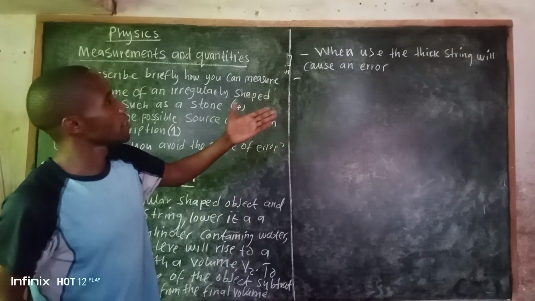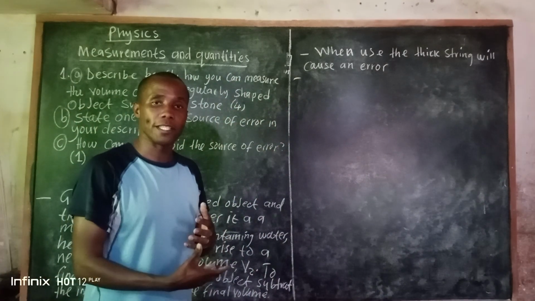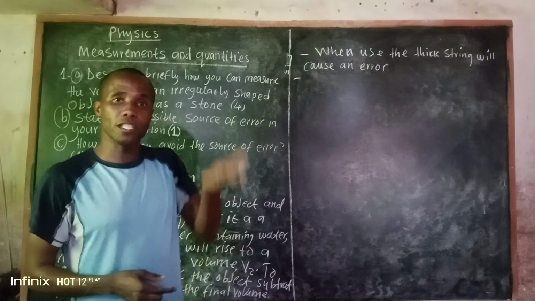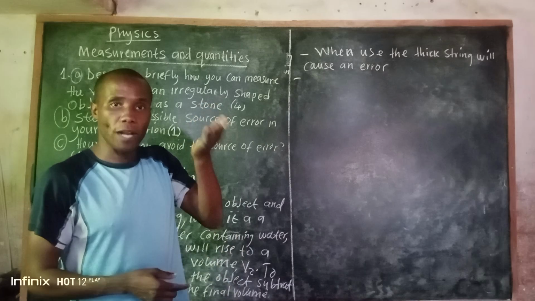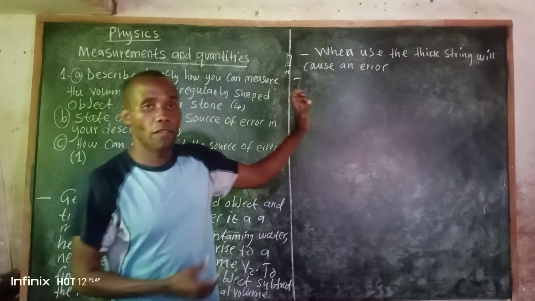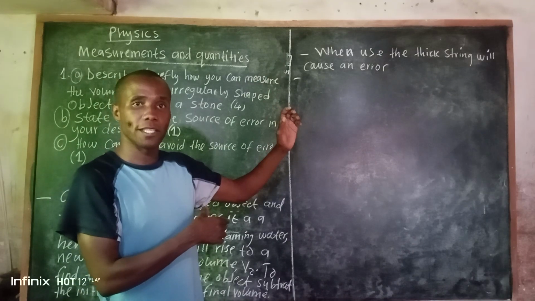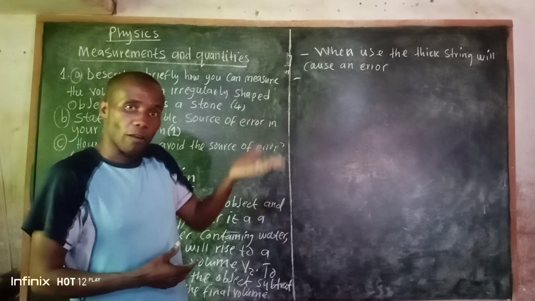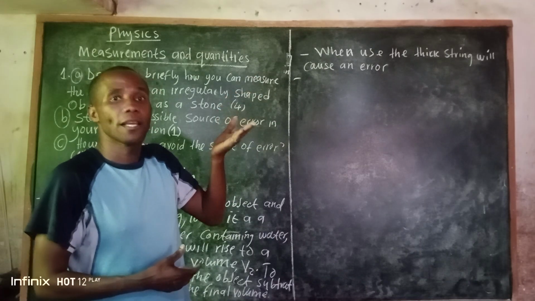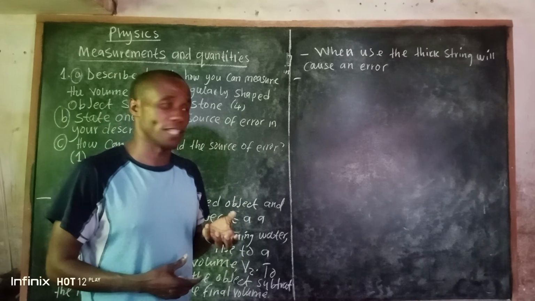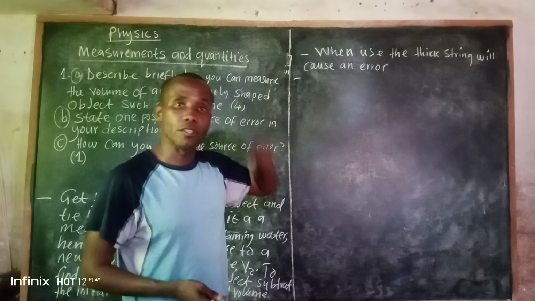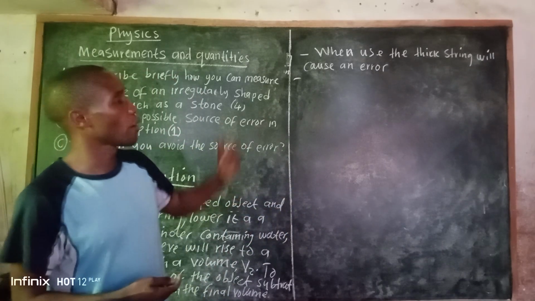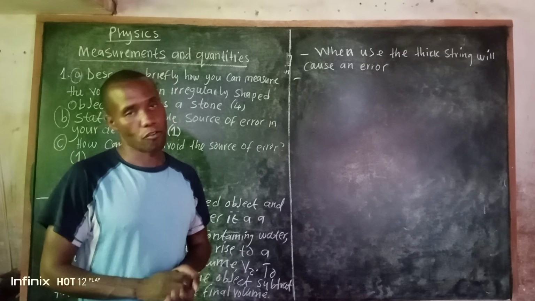When you use the thick string, that string, when you tie it to an irregular object, so as you are lowering it, the water which will rise, because of the heaviness of the same string, it will add weight to that particular object, and therefore the level of water that will rise will not be the exact volume of the irregular object. Instead, even the same string will add some heaviness there. So as a result, we are going to have the error volume.